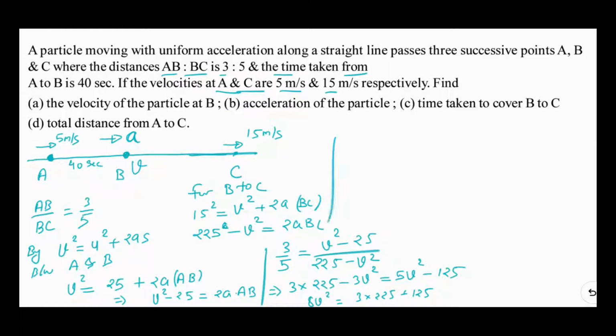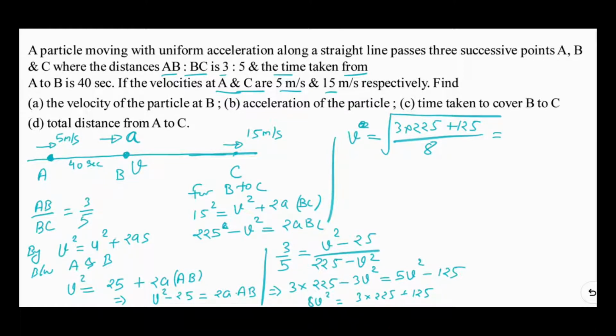So V square is going to be 3 into 225 plus 125, divided by 8. And because this is the value of V square, V is going to be the root of this. You can get the value of V from this expression.